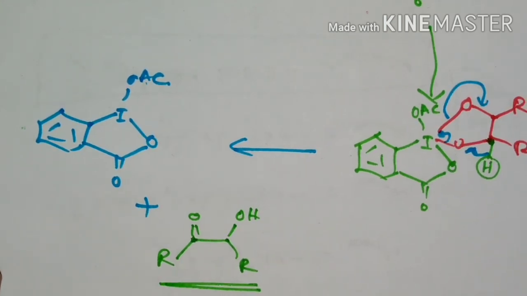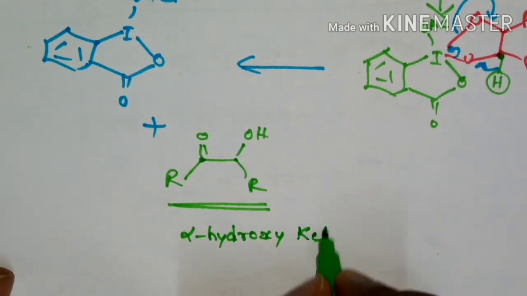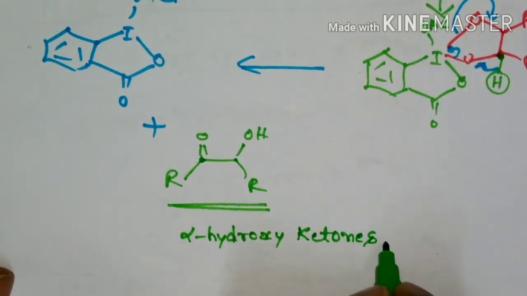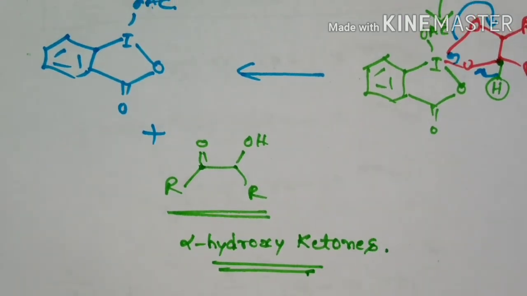If we use a 1,2-diol, then we are going to get alpha-hydroxy ketones. This is one of the important things we need to remember. And these are the important aspects regarding Dess-Martin periodinane. Thank you.